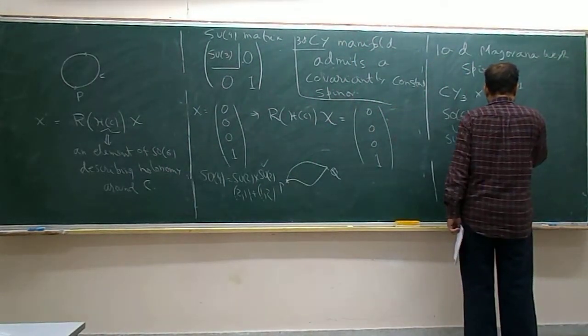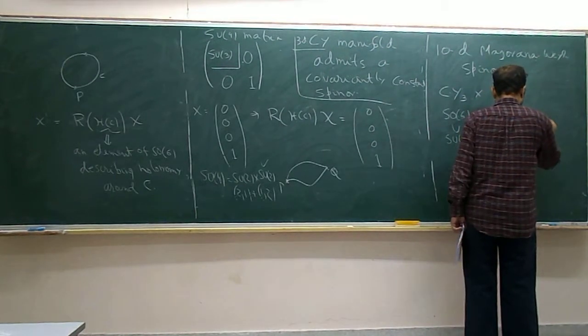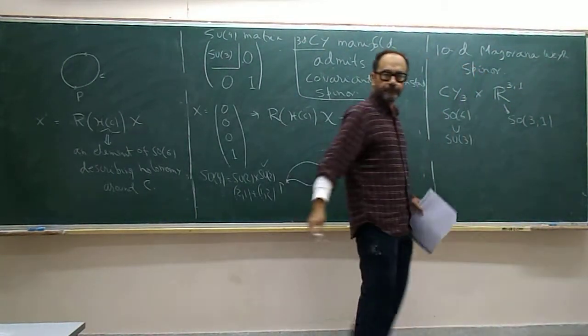And R^{3,1} has SO(3,1) as the tangent space group.